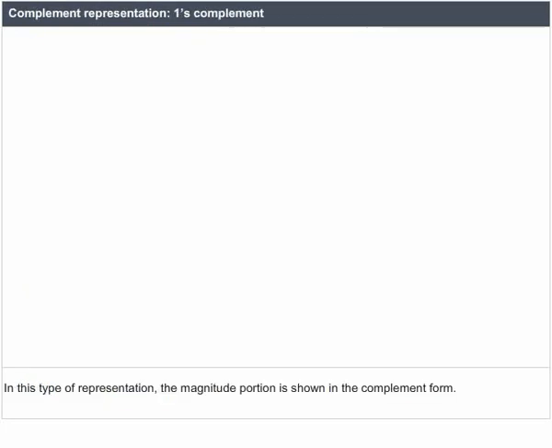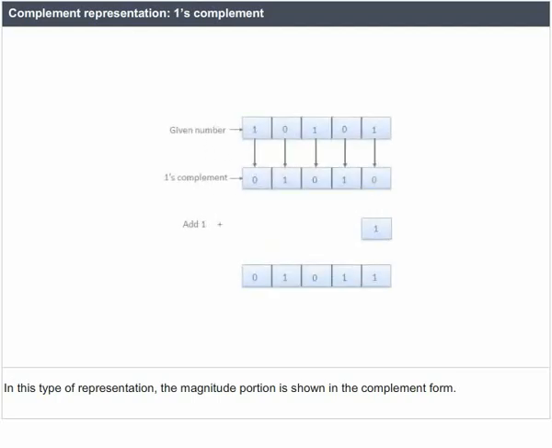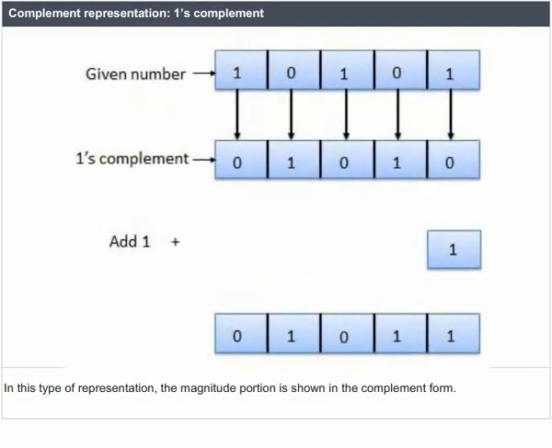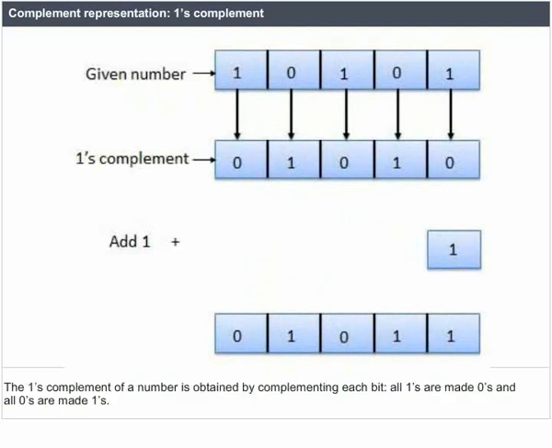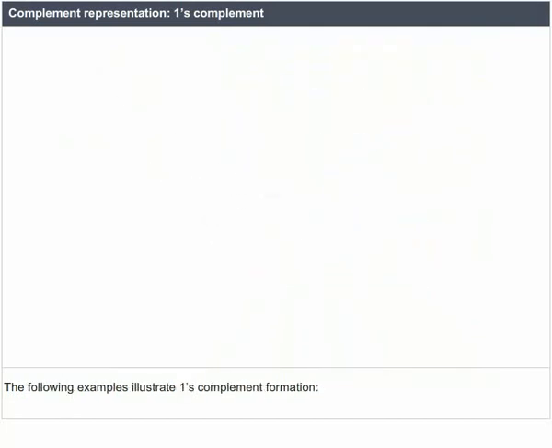Complement representation, ones complement. In this type of representation, the magnitude portion is shown in the complement form. The ones complement of a number is obtained by complementing each bit. All ones are made zeros and all zeros are made ones. The following examples illustrate ones complement formation.